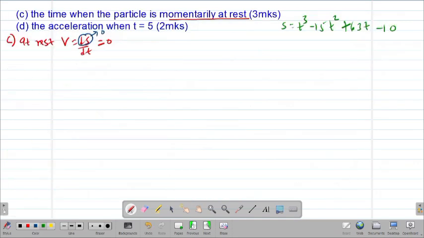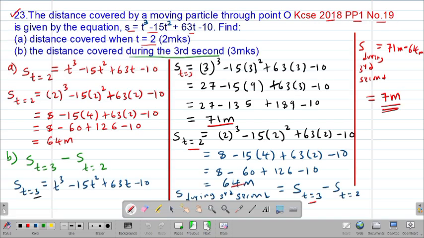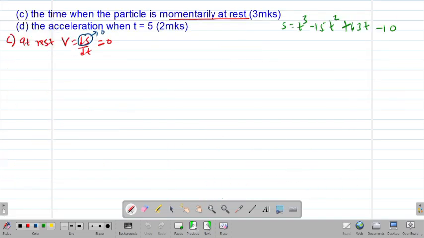That was our S. So to get our velocity, our V will be equal to d over dt of S. Our S is t cubed minus 15t squared, then plus 63t, then of course minus 10.